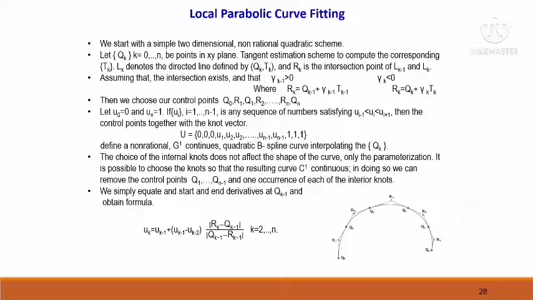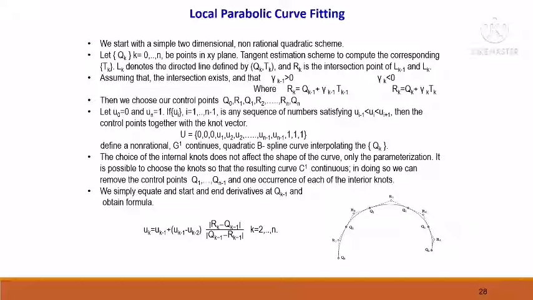Assuming that the intersection exists and that gamma of k minus 1 is greater than 0, where r k equals q k minus 1 plus gamma of k minus 1 t k minus 1, and when gamma of k is less than 0, r k equals q k plus gamma of k t k. Then we choose our control points q 0, r 1 to r n, q n.